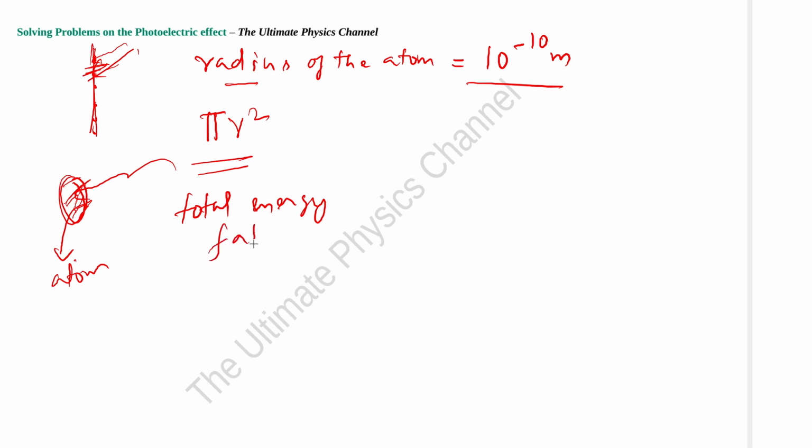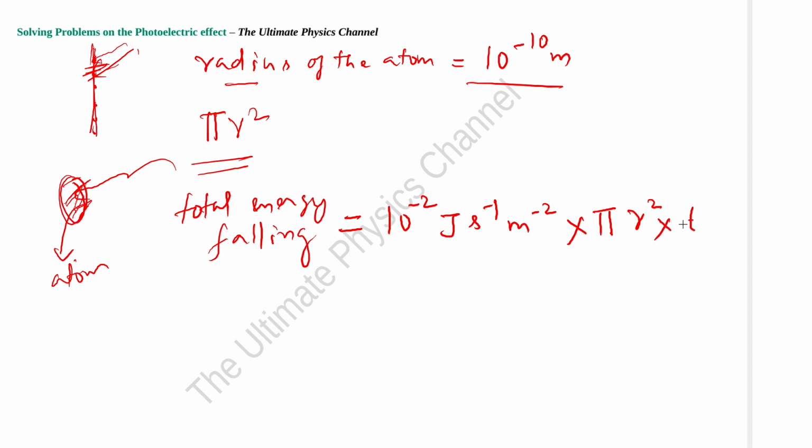So I say the total energy that is falling on the target is the intensity, 10 power minus 2 joule per second per meter square, over an area. So I multiply that by area pi r squared over a period of time t. That is the total energy, right?